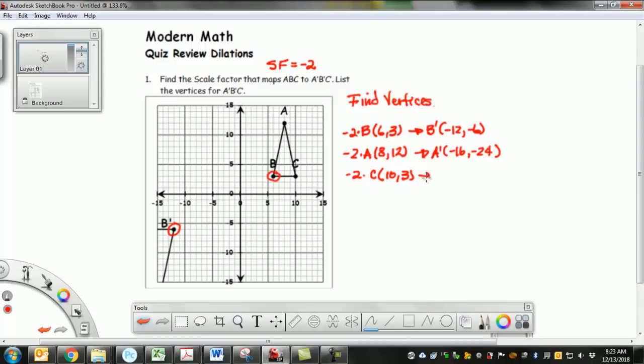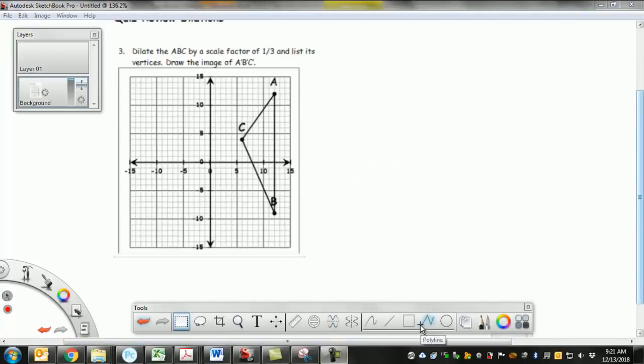Now we'll do C', and I think here I made a mistake. -2 times 10, I wrote down a -30, and it should be a -20. So fix that on your paper. And then -2 times 3, it should be a -6.